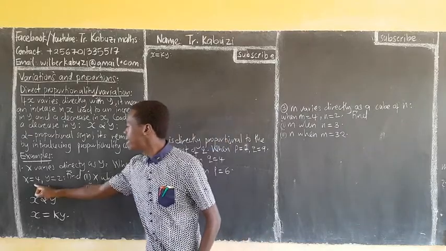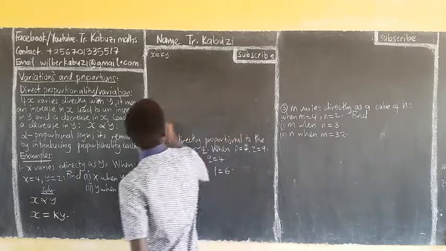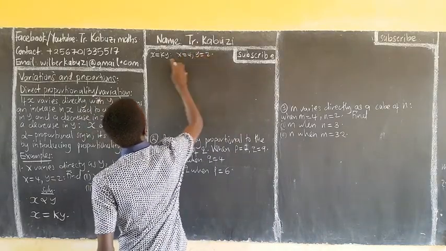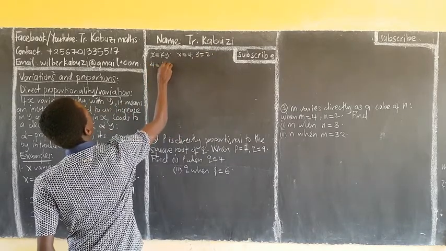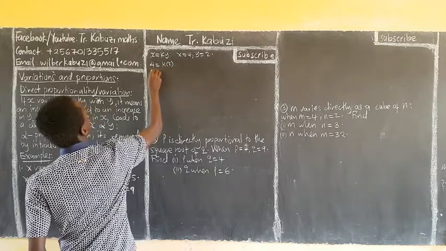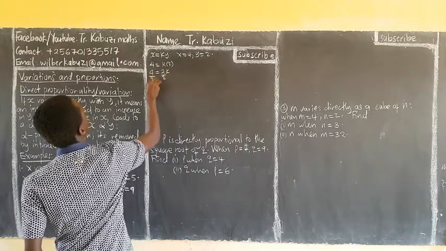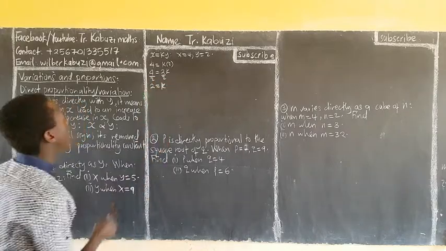When x is 4, y is 2, you substitute here. So putting it here, 4 is equal to k times 2. So you have 4 equal to 2k. Divide by 2 on both sides, so that 2 is equal to k.